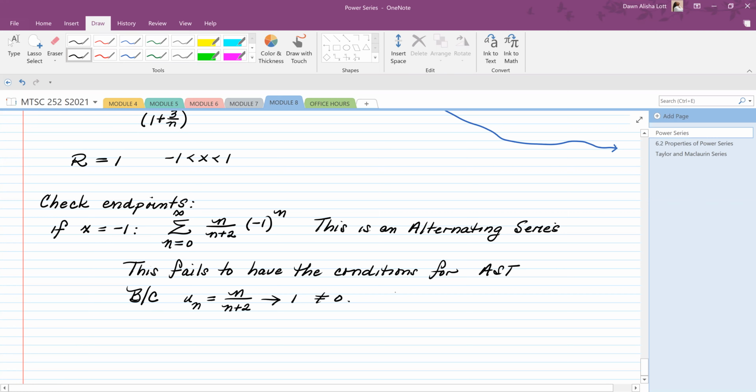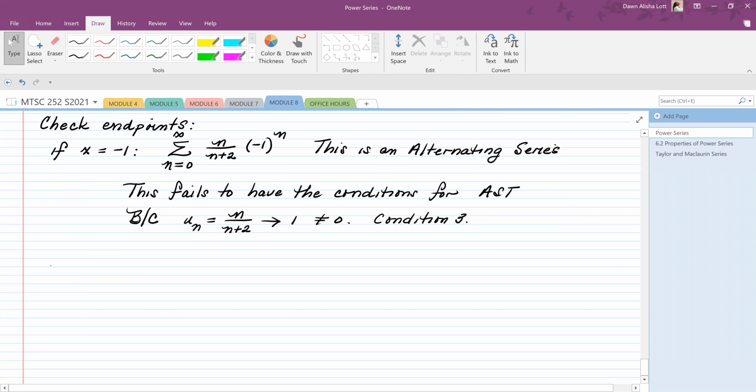So it fails condition 3. So by the alternating series test, I still don't know. And if I use the ratio or the root test, I'm still not going to know. And so the jury's still out for negative 1. I can't say it converges on negative 1 because I just don't know.